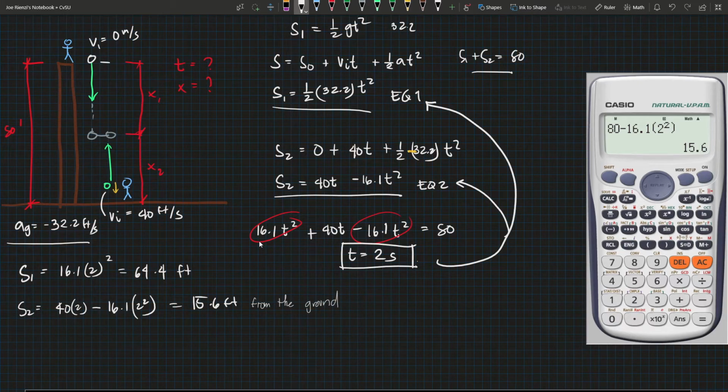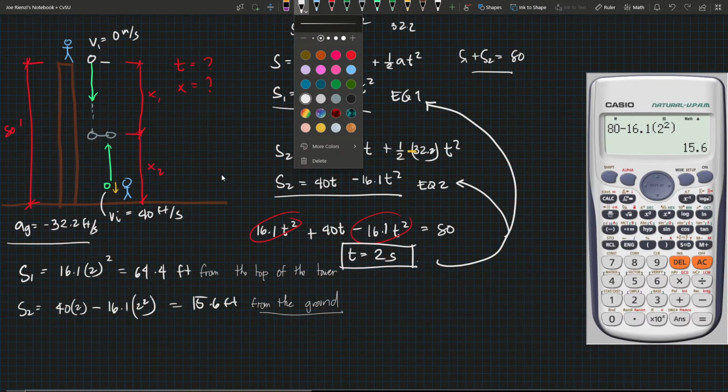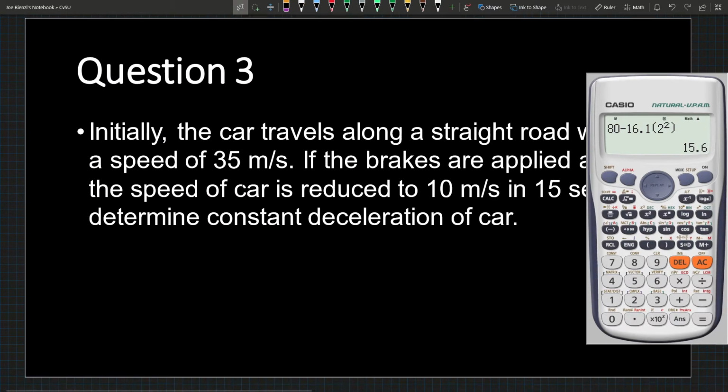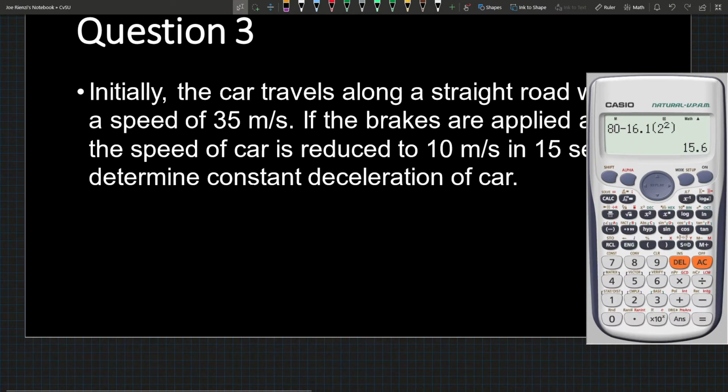Maaaring iba yung sagot natin basta yung explanation or point of reference natin is tama. Ito ay 64.4 feet from the top of the tower. So, ayun yung ating when and where: after 2 seconds and at a certain distance. Next question. For our third question, initially, the car travels along a straight road with a speed of 35 meters per second.